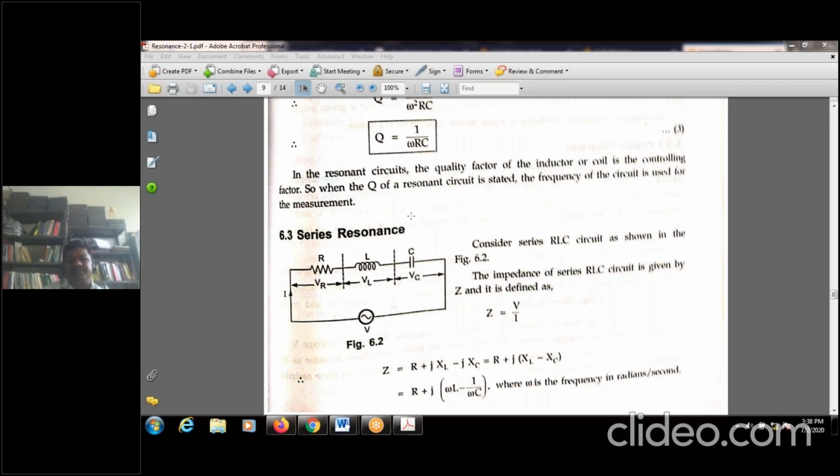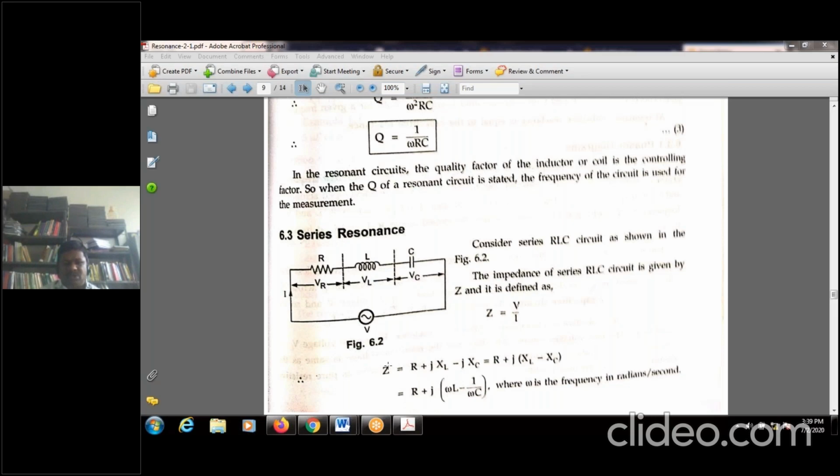Now coming to series resonance. In series resonance, a sinusoidal input signal is applied to the circuit. Observe here, these three elements are connected in series: resistor, inductor, and capacitor. Now we have to find the impedance of the circuit. Z is equal to the total impedance in the circuit.